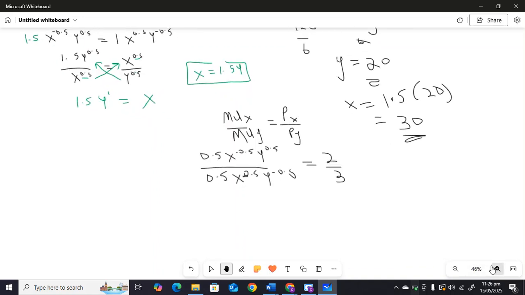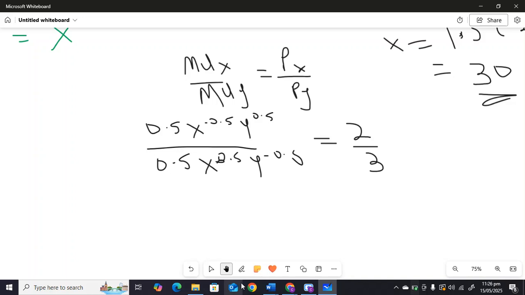So using this, these cancel each other out. This is x to the power negative 0.5 over x to the power 0.5.